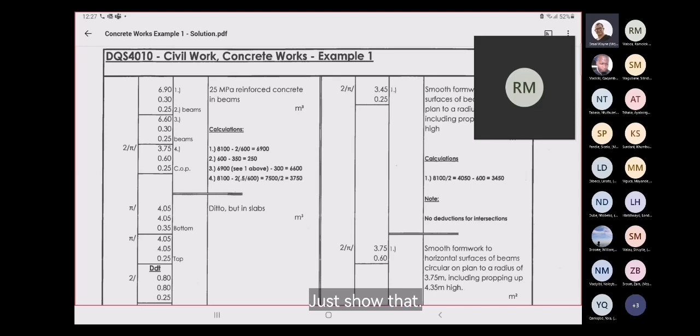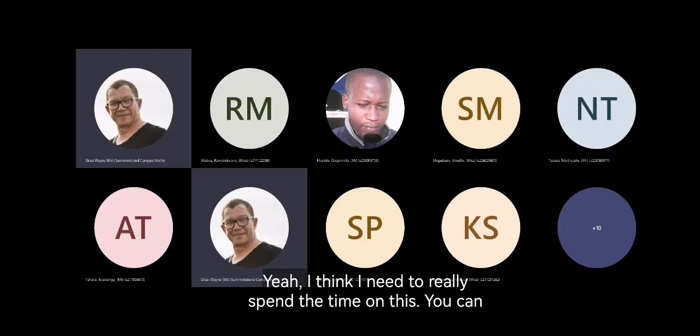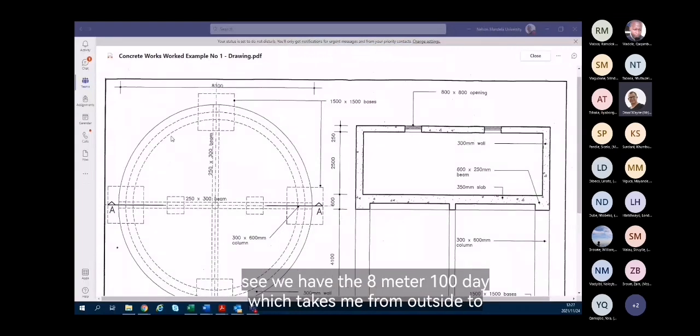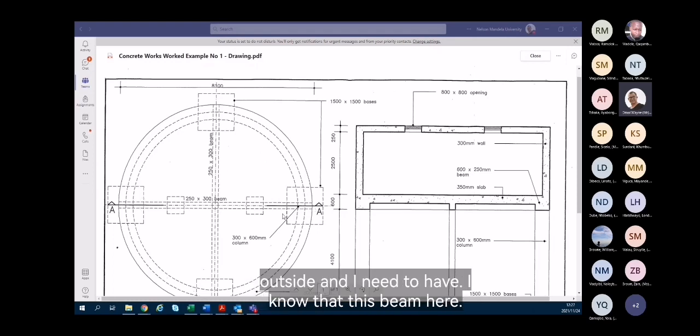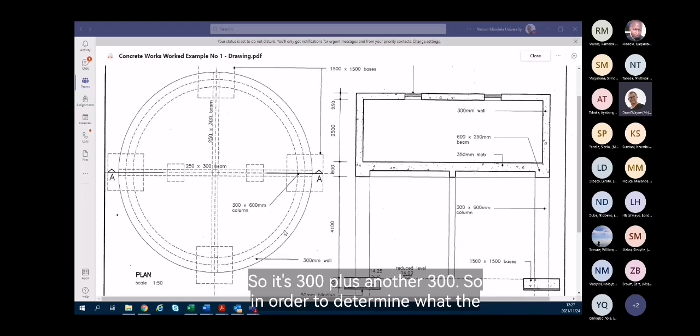To show that, I think I need to really spend the time on this. You can see we have the 8 meter 100 there, which takes me from outside to outside. I know that this beam here is 300, so it's 300 plus another 300.